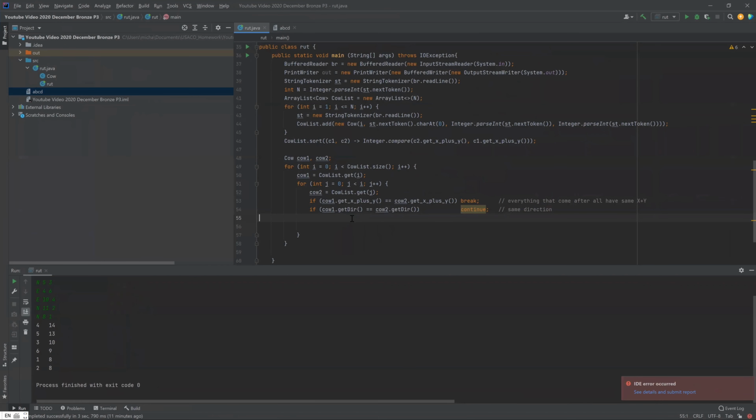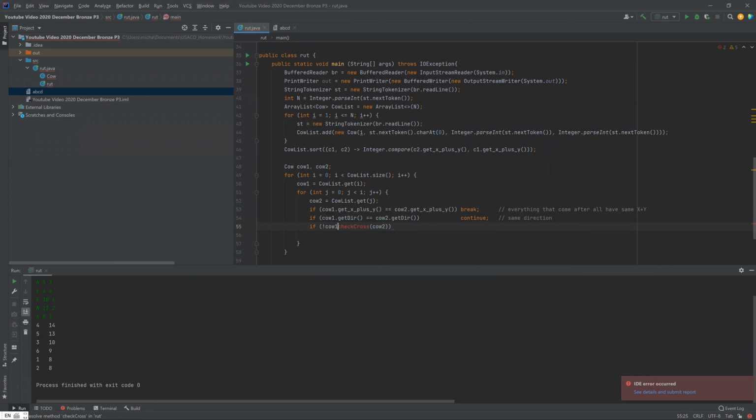So let's code for that. If not checkCross, it will have two parameters, cow 1, which is itself, right, and cow 2. If they don't cross, then continue, right?